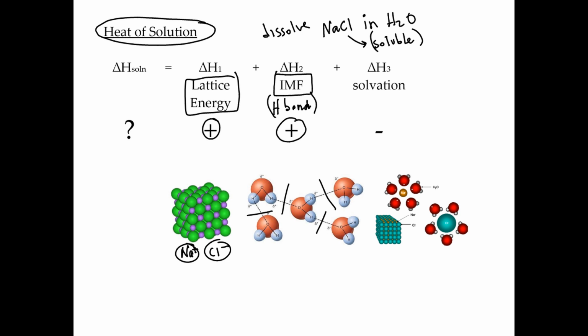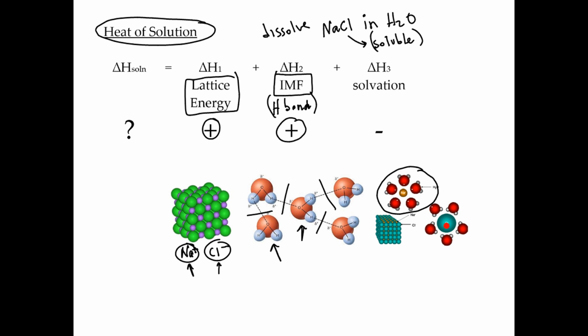Lastly, what's going to happen is these individual little ions of sodium and chloride are going to be surrounded by the water molecules, and they're going to form these arrangements where the water surrounds the ions. Since the Na is plus, it's going to be surrounded by the O's of the water because the O's are negative.